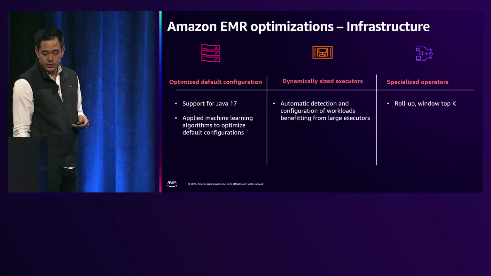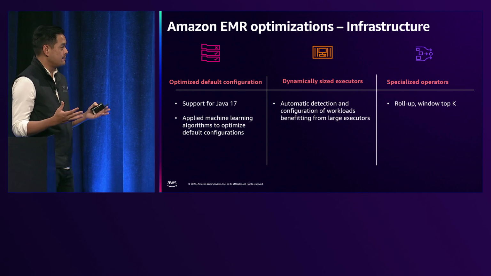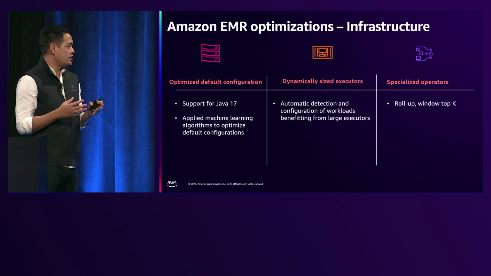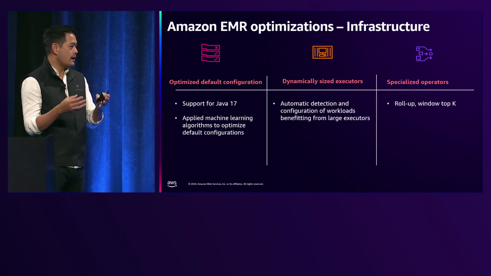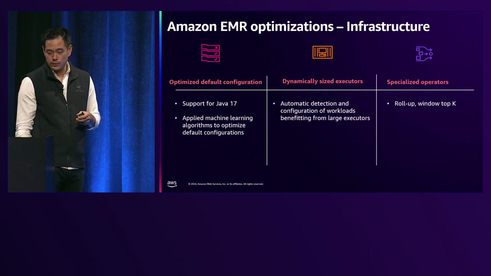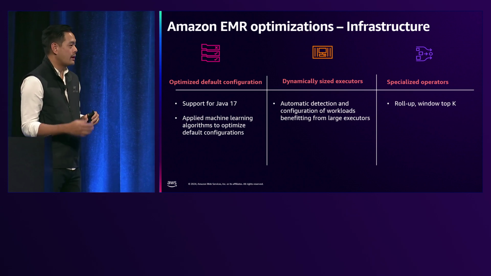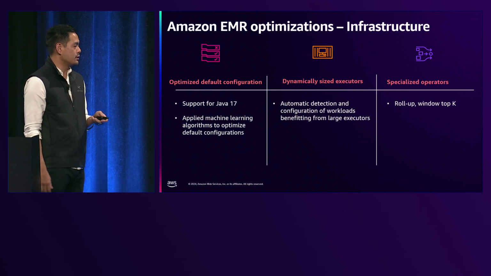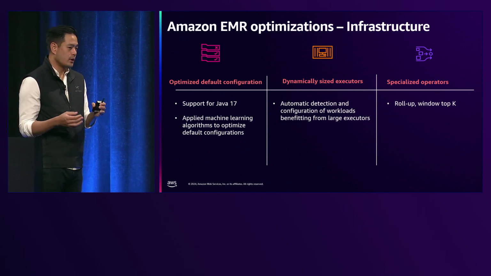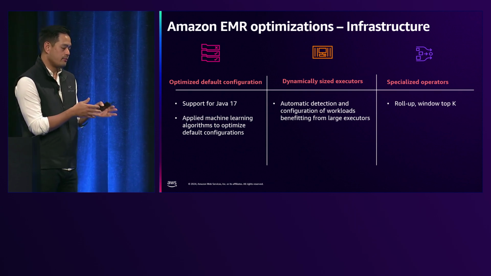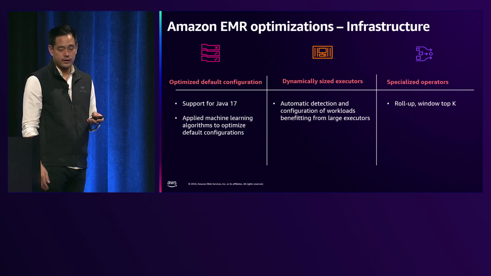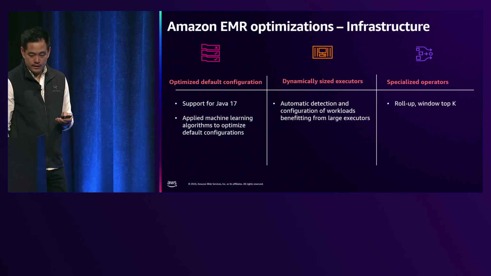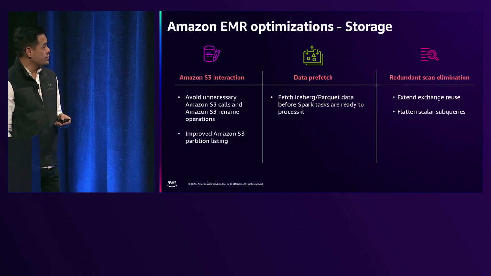So to help customers with this, we have optimized default executors that change depending on what instance the workload is running on. We also have a feature that will dynamically change the size of the executor so that you can get maximum utilization and you don't have to worry about sizing all different executors for every single instance type that you use.